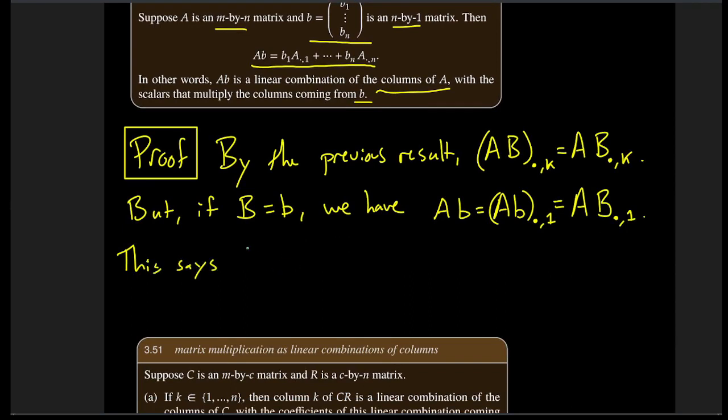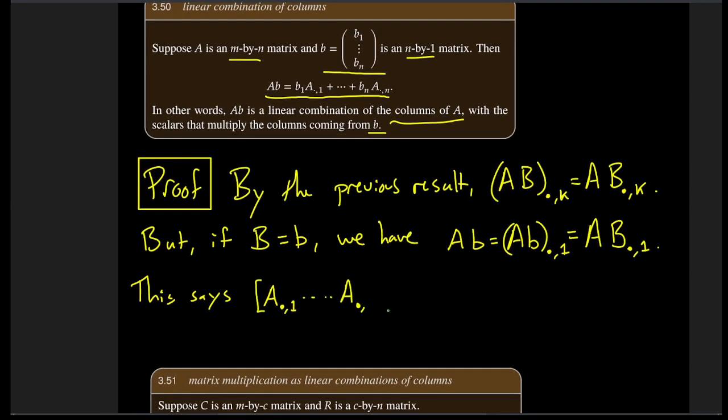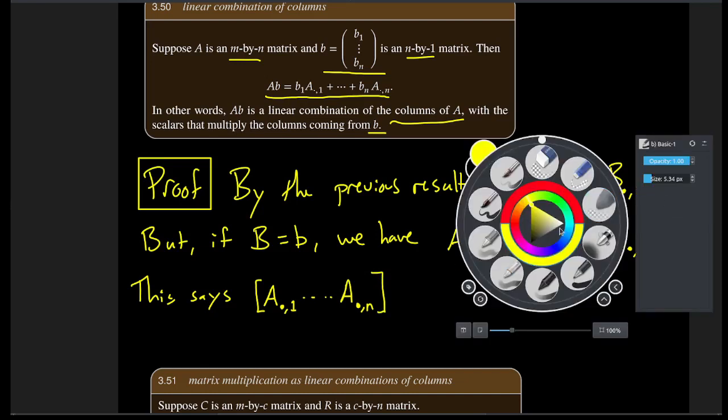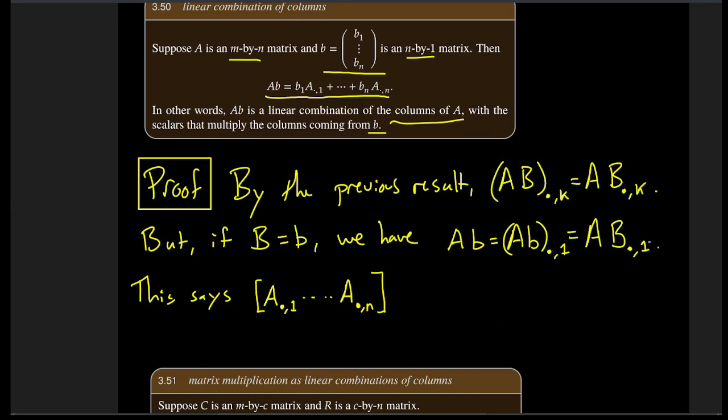Now writing it out, I will write the columns of A here, A_{·,1} all the way down to A_{·,n}. Now A is m by n, m rows, n columns. Okay, cool. And then little b, I should make that a little b there. Sorry, guys, I want to stay consistent.